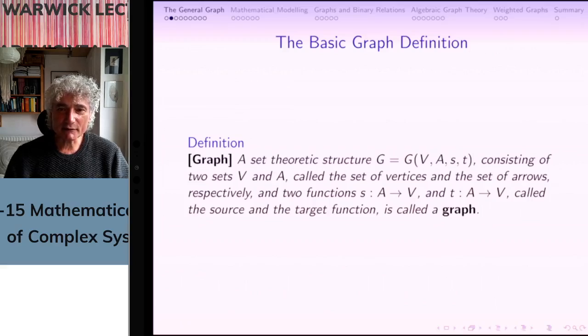This is where the arrow starts, and that is a certain vertex in V. So source of course means there is an arrow starting at a vertex V mapping somewhere, but where does it map to? Well, this is then given by the target function T. And this says where this particular arrow in A is mapping to, a vertex in V. Okay, I think that all makes sense.